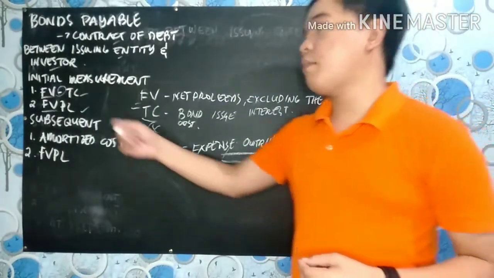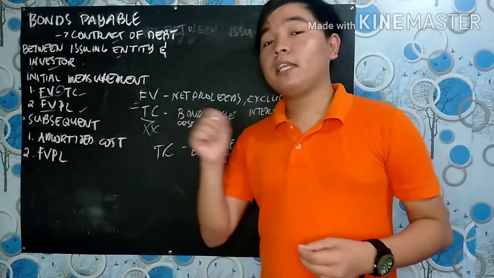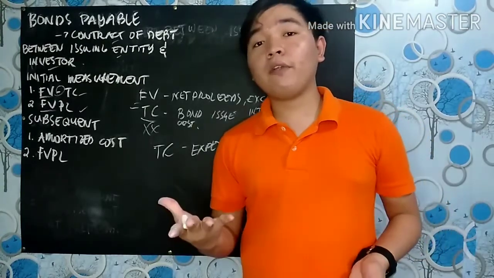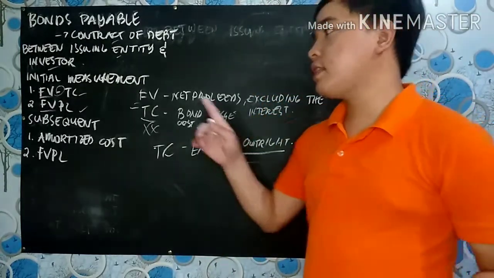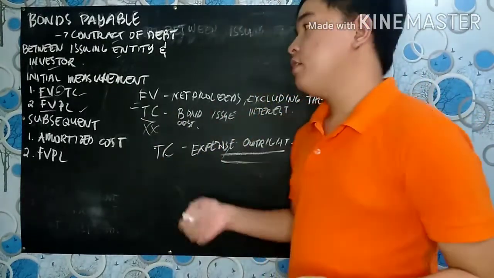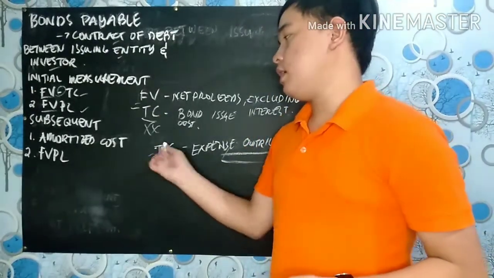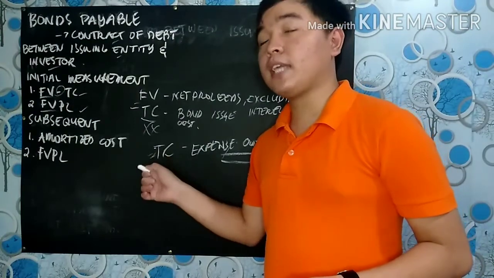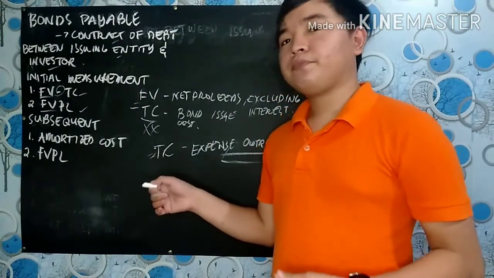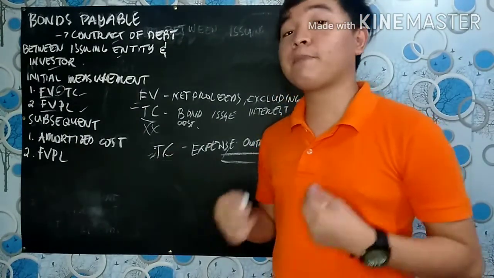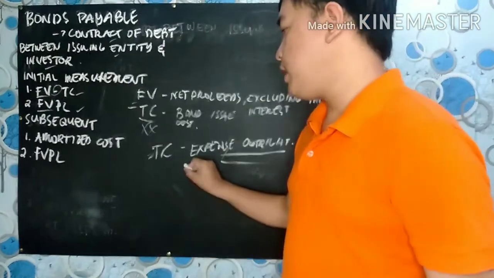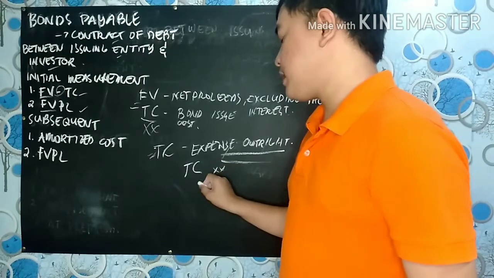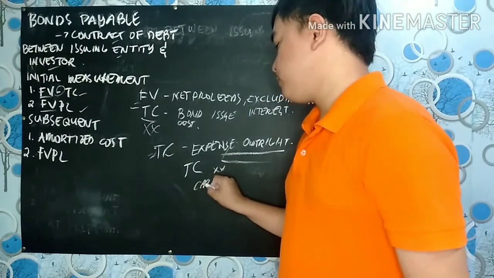Kasi 'di ba dito sa number 1, valuation account siya. Nilalas mo siya dun sa fair value to get the initial carrying amount of the bonds. While this number 2 sa FVPL, yung fair value lang. Disregard mo siya sa measurement ng bonds. Ano lang siya? Expense outright.